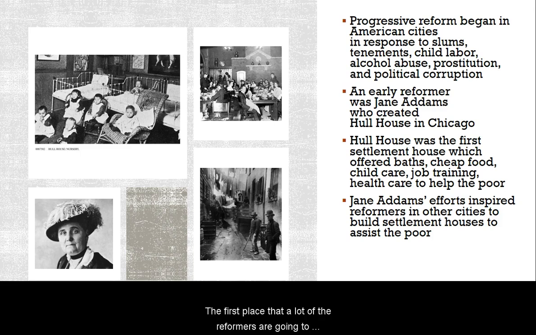The first place that a lot of the reformers are going to begin to try to make change is in the cities, like New York, Philadelphia, Chicago. And this is all in response to the slums and the tenement apartments like those at 97 Orchard Street that we had previously discussed, where there are multiple people, 8, 9, sometimes 10 people living in a small 3-room apartment.